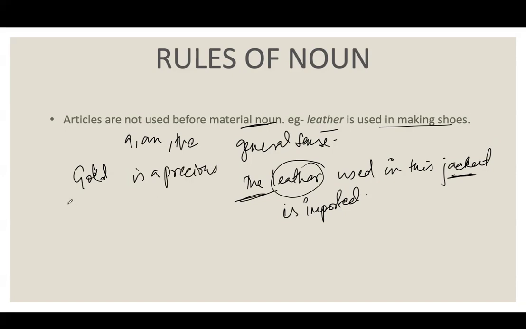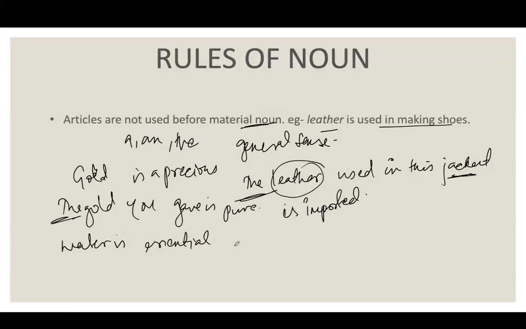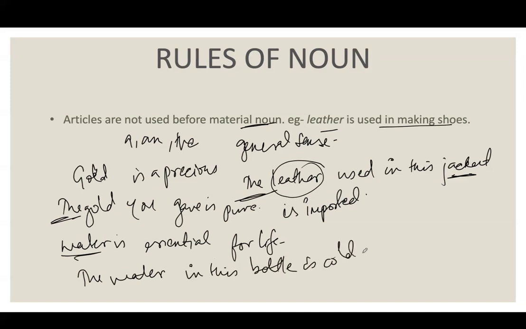If I say the gold you gave is pure, here I have used the. If I say water is essential for life, that is a general statement that I have made. But if I say the water in this bottle is cold, do you see how I have used an article here?